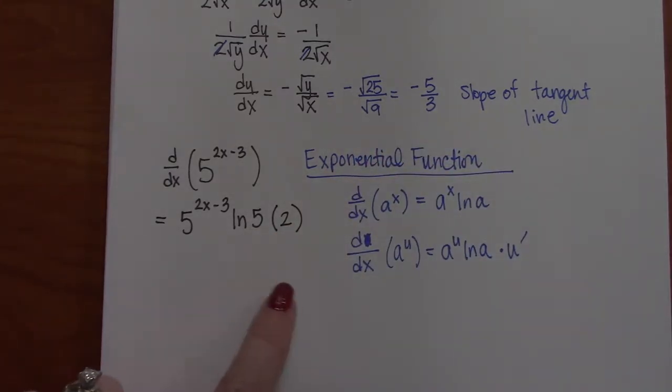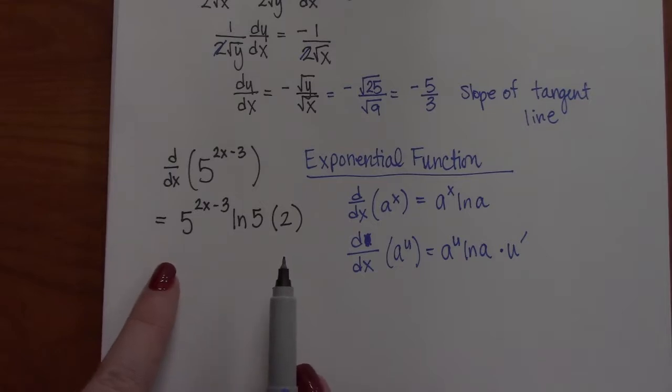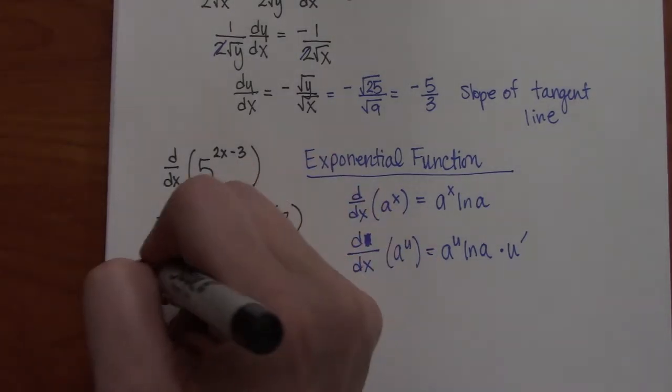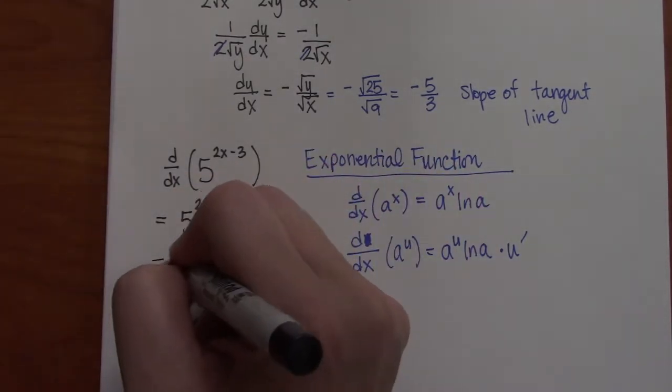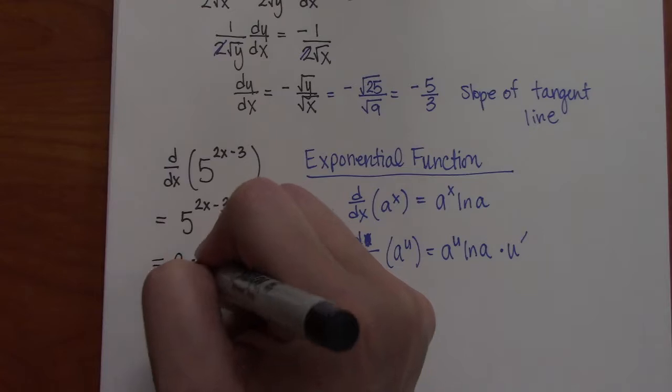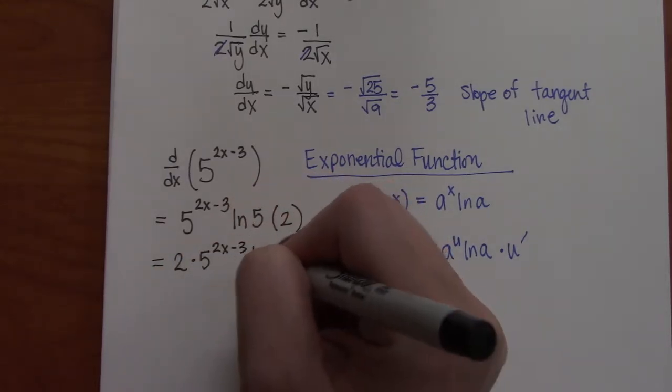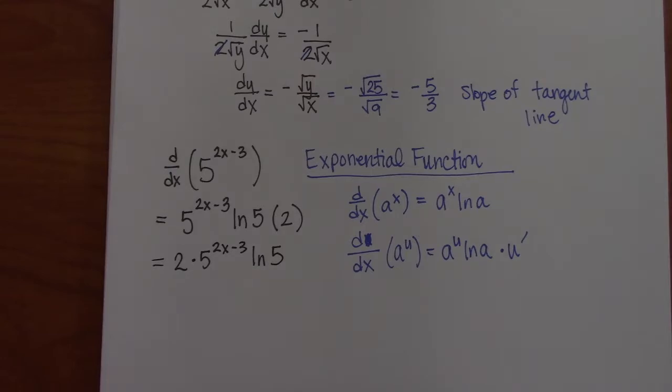And so what you absolutely cannot do here is you are not allowed to combine the 2 with either one of these 5s you see, right? That's not allowed. So just to clean this up a little bit, I might say 2 times 5 to the 2x minus 3, ln of 5. So there really is no perfect way to write this. But you can't combine the 2 and the 5 because they're not raised to the same power.